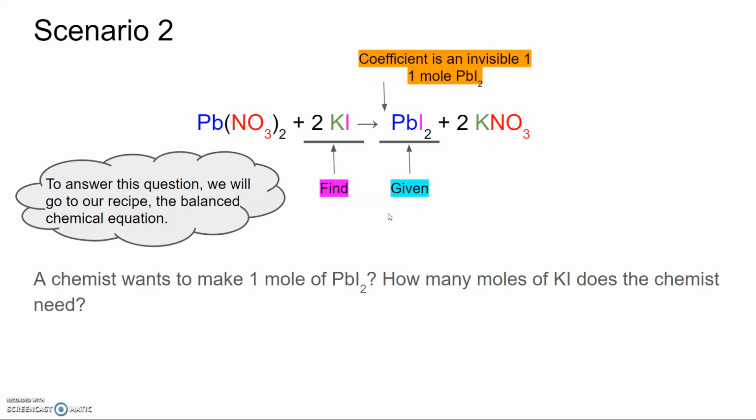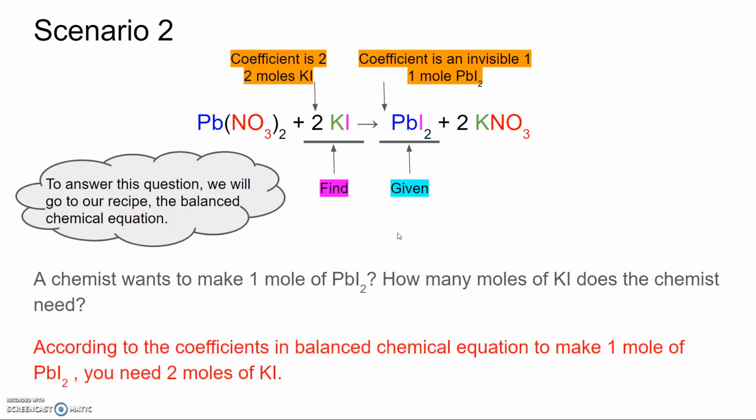According to this balanced chemical equation, we would make 1 mole of lead iodide from 2 moles of potassium iodide. So therefore, according to the coefficients, to make 1 mole of lead iodide, you're going to need 2 moles of potassium iodide.